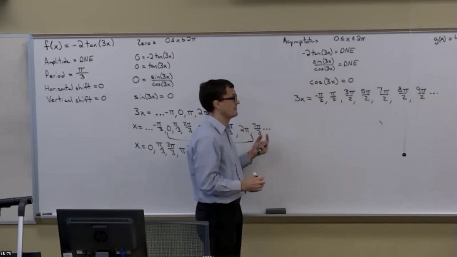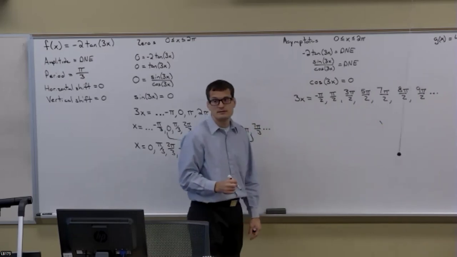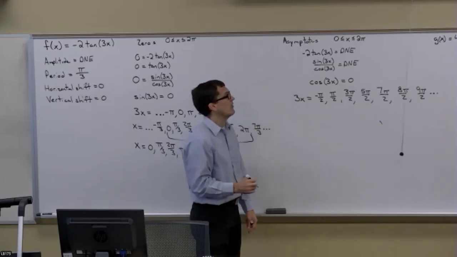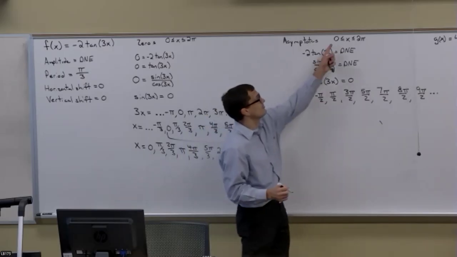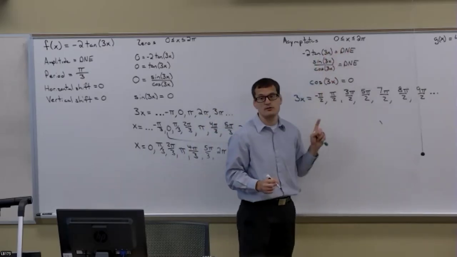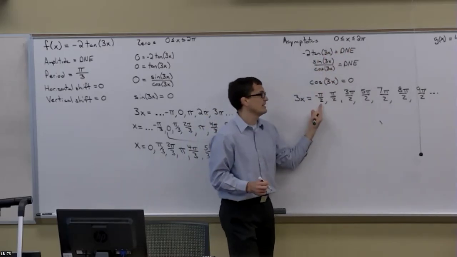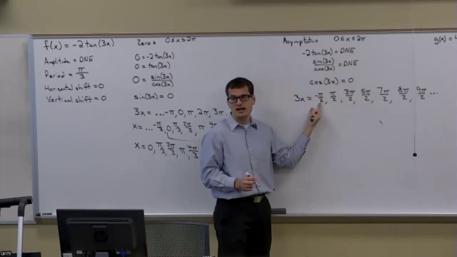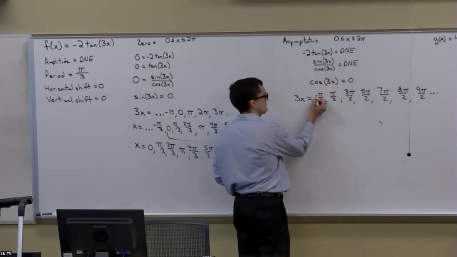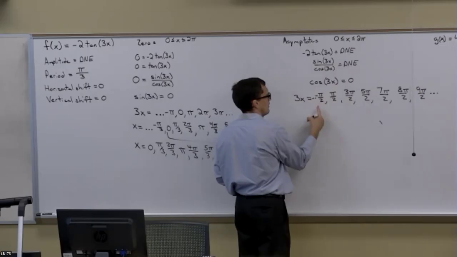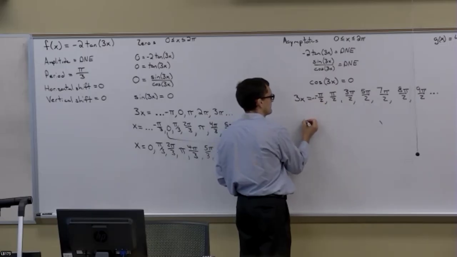And then I'm going to divide everything by 3. Okay. Now, at the same time I do that, I'm also going to just look at the ones between 0 and 2 pi. So if I divide negative pi over 2 by 3, I get negative pi over 6. That's not bigger than 0. So I'll leave that one off.